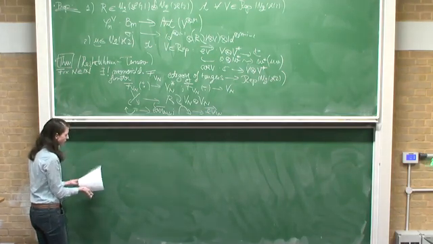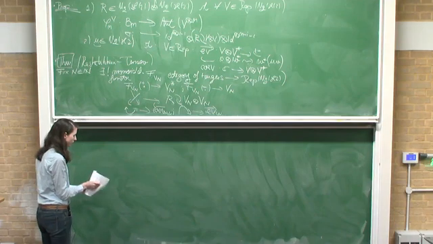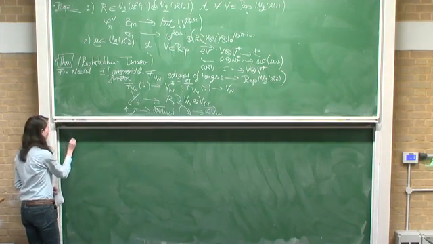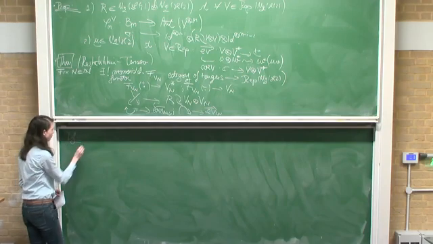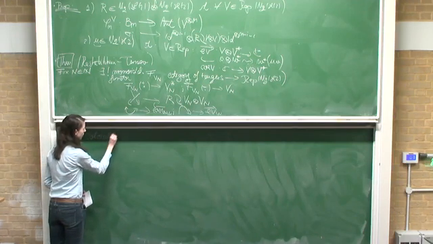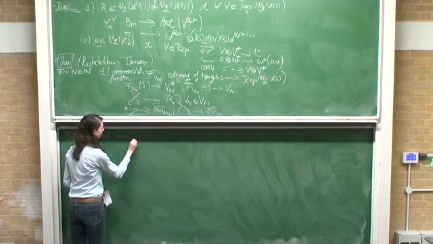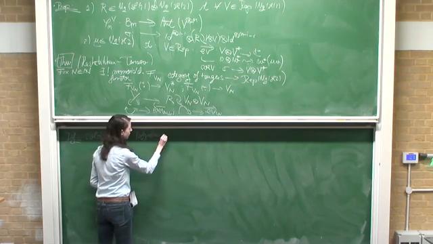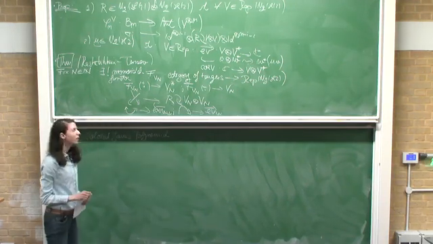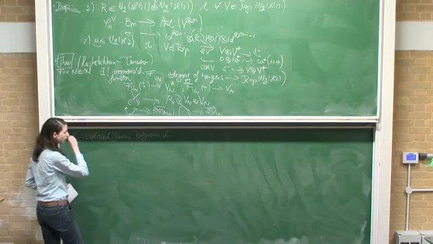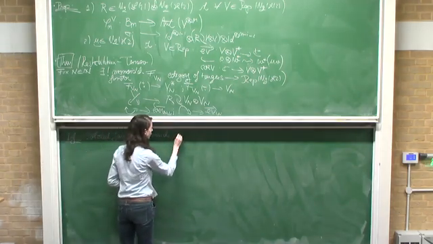Okay. So now the definition of the Jones polynomial. If you take a link, first this will depend on a natural number n.